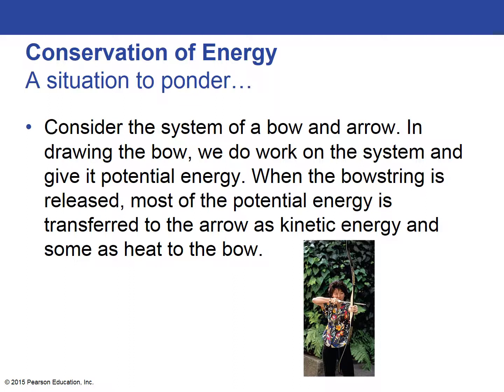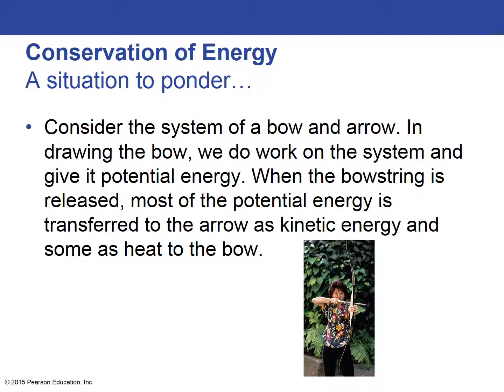We have applied a force against the restoring force of the bow. That force was applied over a certain distance. That product of force times distance is the potential energy that we have created in the bow.